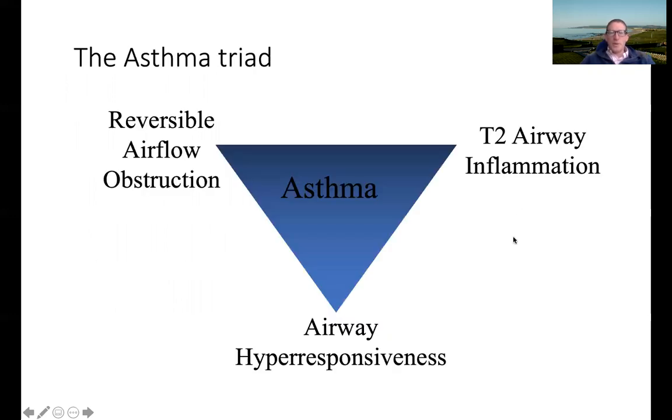This is an important slide, and this is a slide that I invented called the asthma triad, and this shows you the 3 key tenets of asthma. Firstly, there's the type 2 airway inflammation, of which the eosinophil is the usual key effector cell. As a consequence of that, that generates downstream twitchy airways, what we call airway hyperresponsiveness, and also reversible airway obstruction as well.